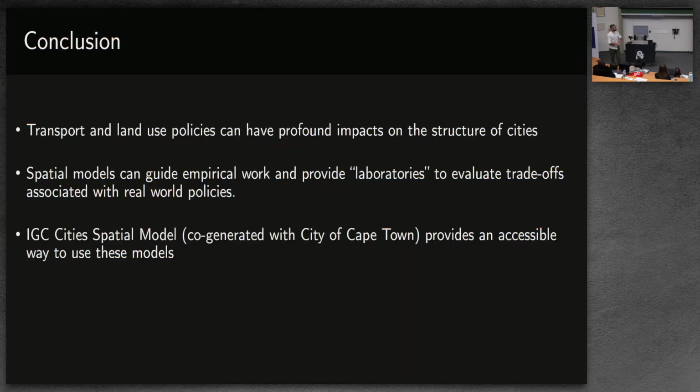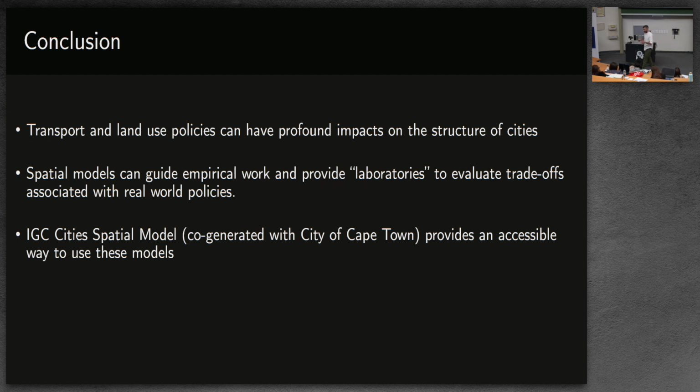But I'll conclude by saying that transport and land use policies can have profound impacts on the structures of cities. Spatial models can be used both to guide empirical work that allows us to confront some of the challenges due to spillovers and networks, spatial linkages within cities, as well as provide laboratories to help us assess the trade-offs between different policies.